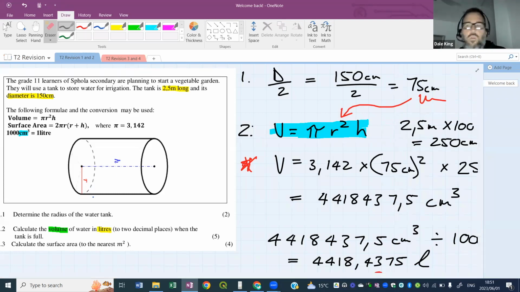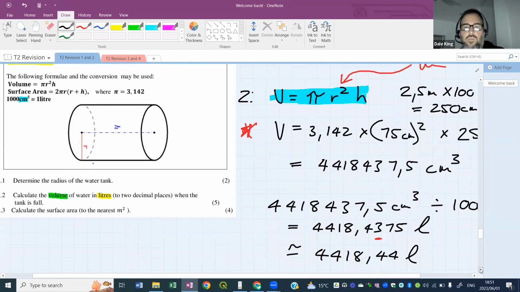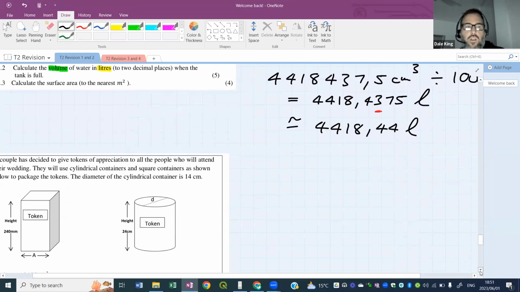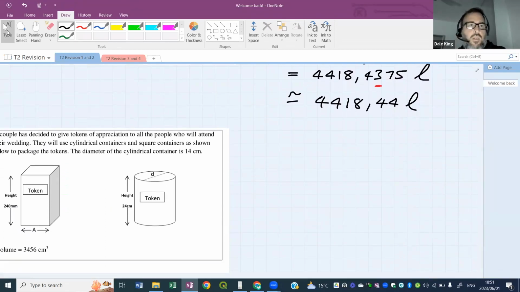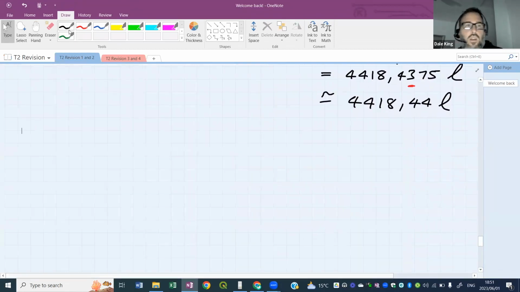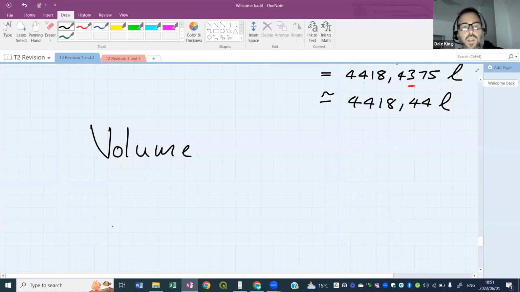Now, volume. When you work out volume, don't look at the next question. I know you guys are looking at it. I'm going to delete it. When you look at volume, we covered this in term 1, and capacity.